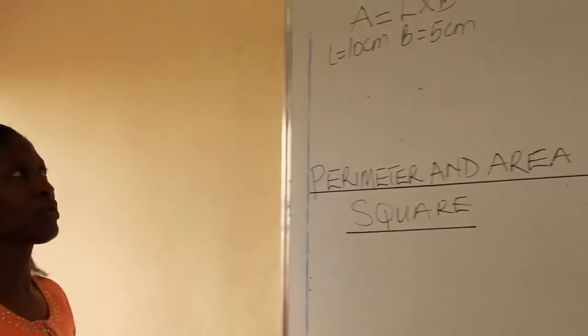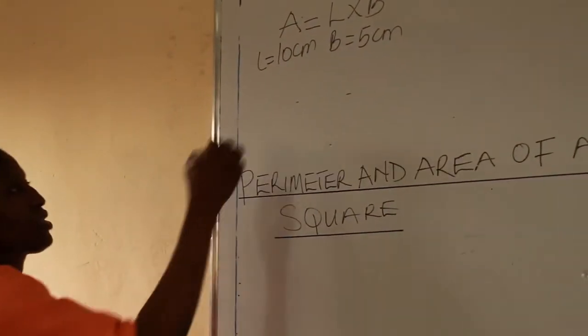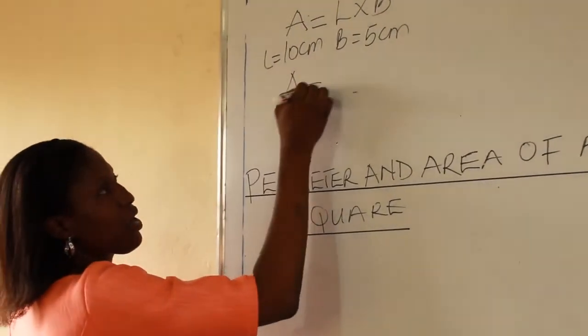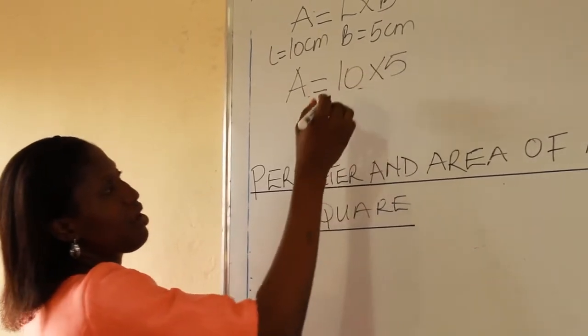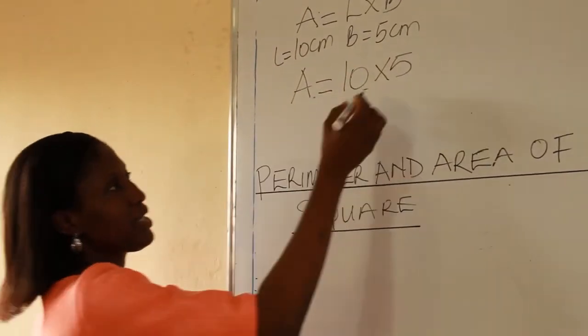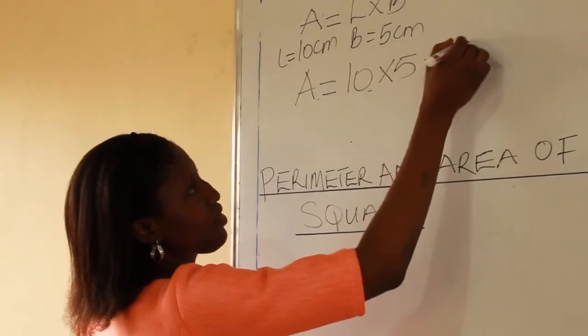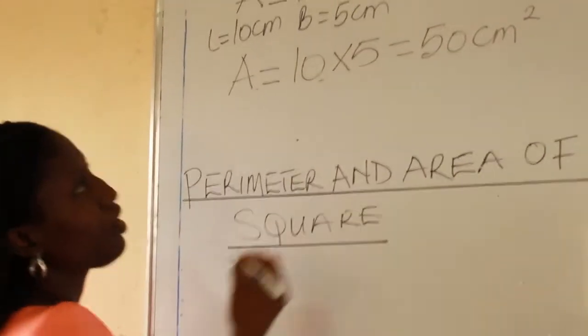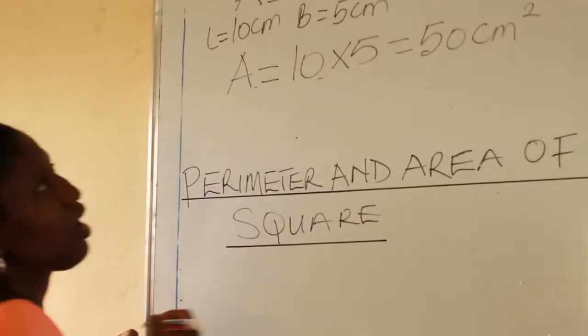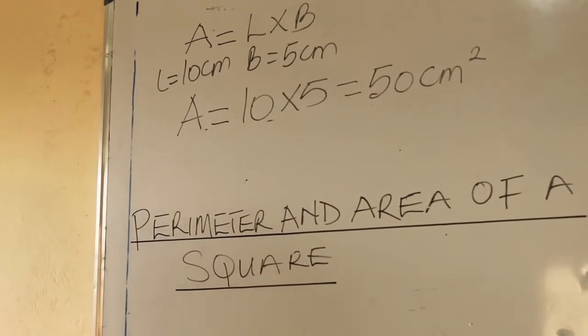So area equals 10 times 5, which gives 50 centimeters square. Our area equals 50 centimeters square.